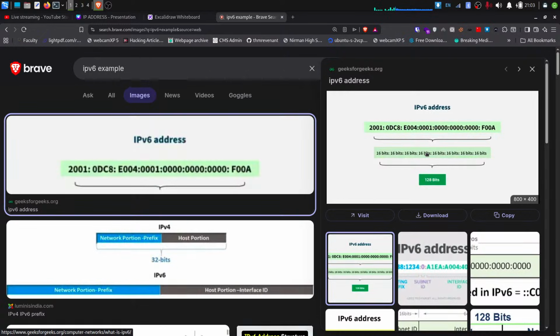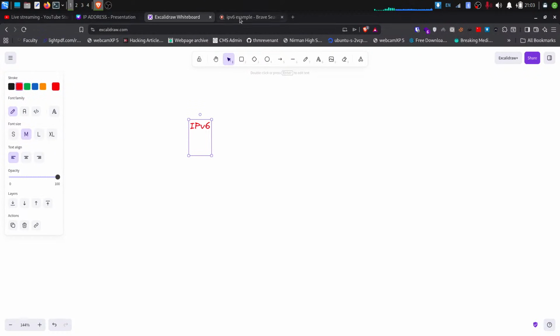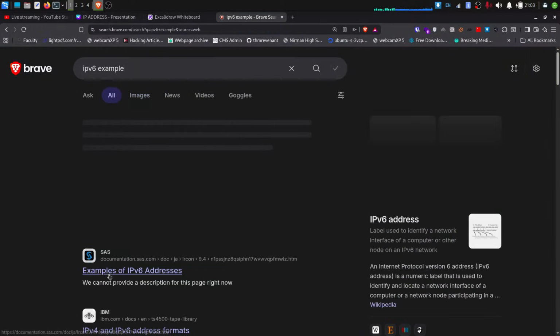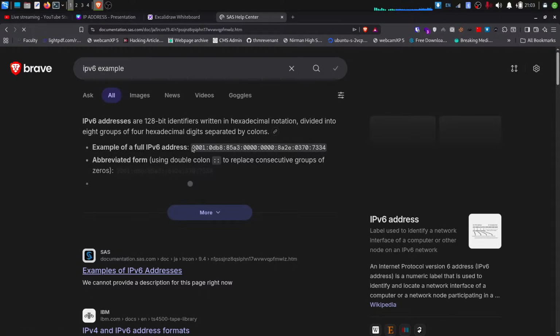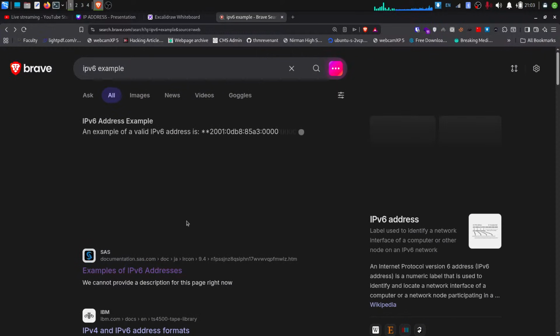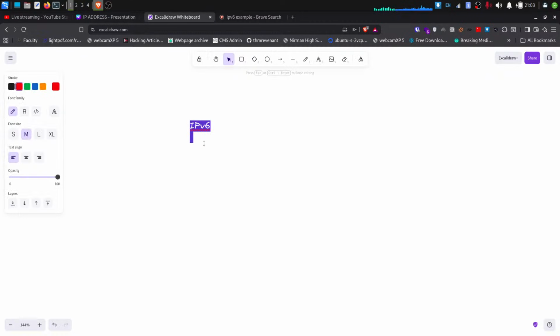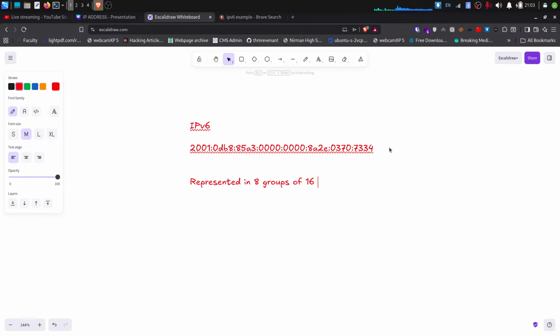This is an IP version 6 example. It is represented in 8 groups of 16 bits each.